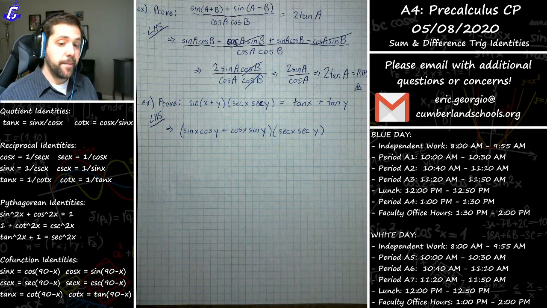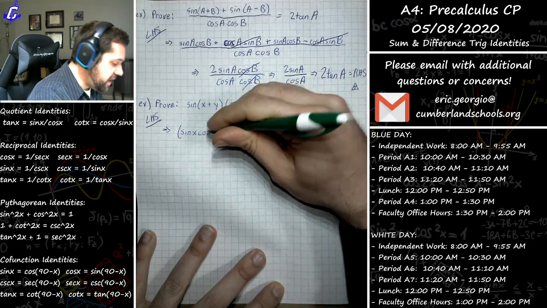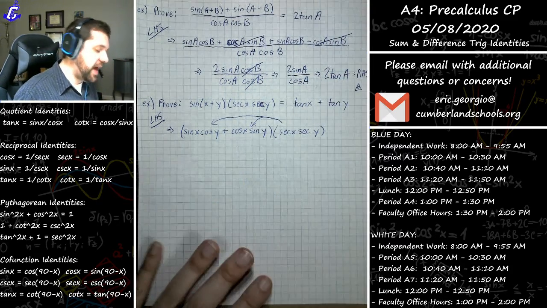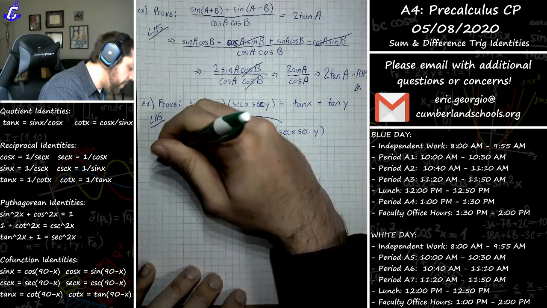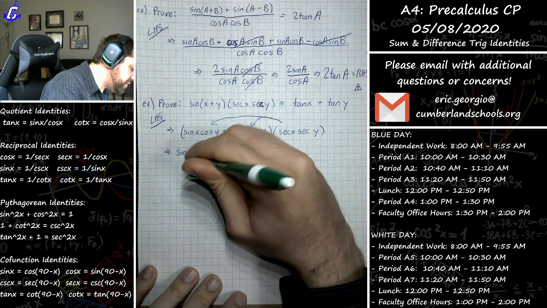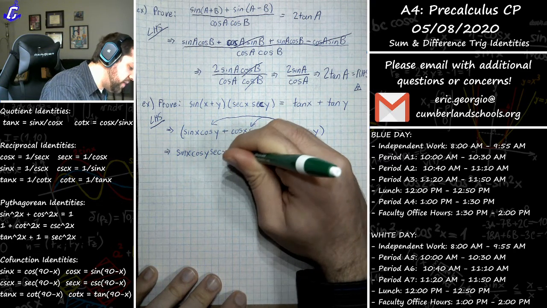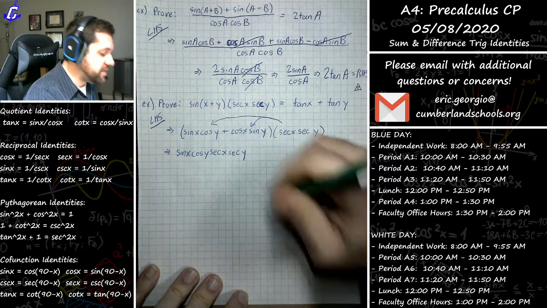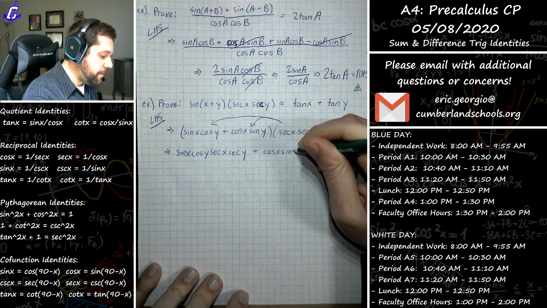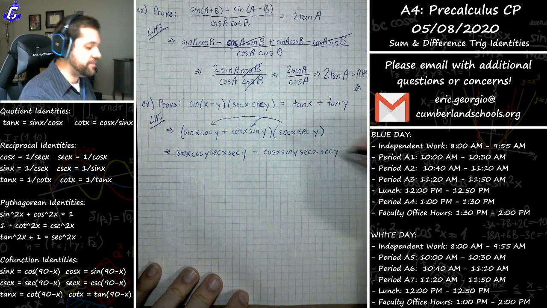Everybody sees that, right? Now I can go ahead and distribute. We can take the secant of x, secant of y, and multiply it to that. Take a look at what we're going to get. It's going to come out to be, we have the first term, sine x cosine y times secant x, secant y. And the second term is going to look like cosine x, sine y, secant x, secant y.